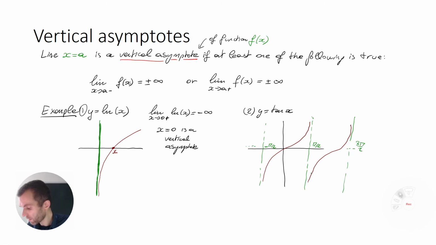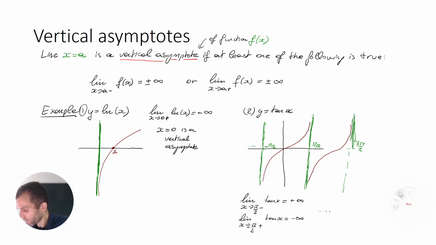So in each case we see that, and let's write it out, for instance, the limit as x goes to pi over 2 from the negative side of tan x, that's plus infinity. The limit for x going to minus pi over 2 from the positive side, that's negative infinity, and then so on. So what you see is that all of these green lines are all vertical asymptotes.